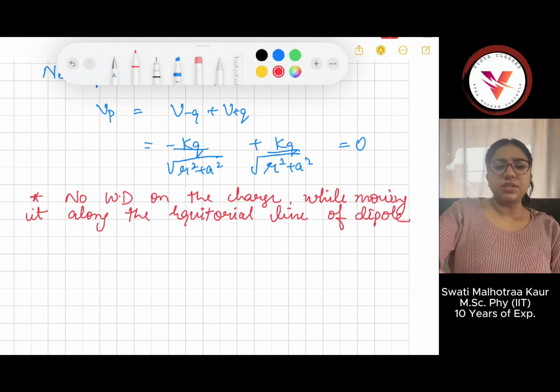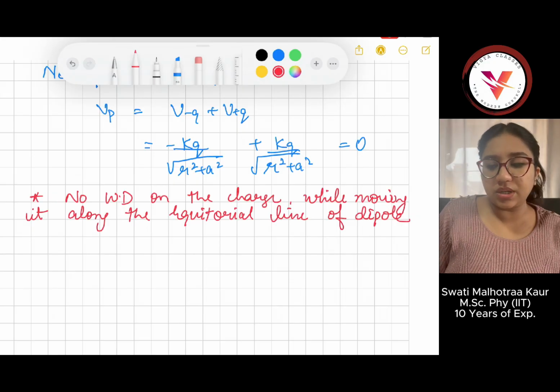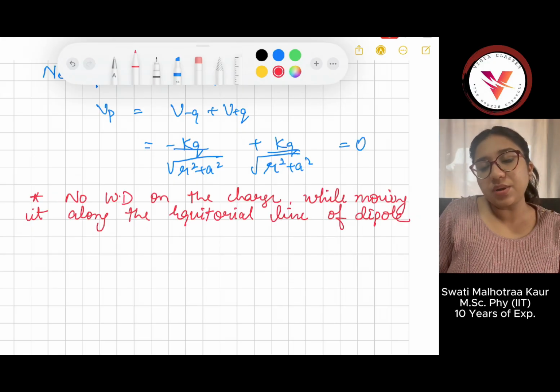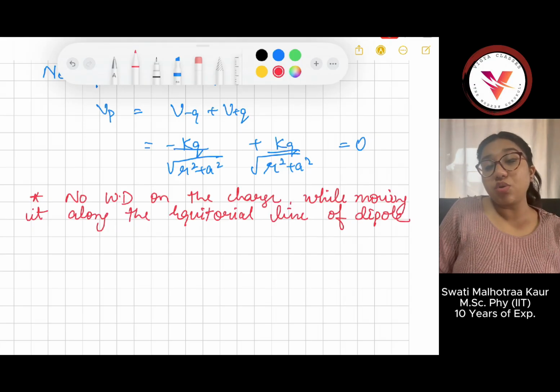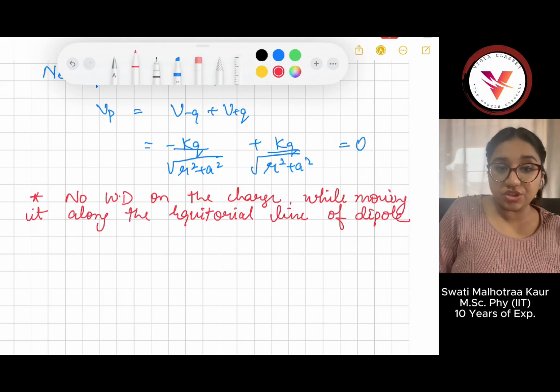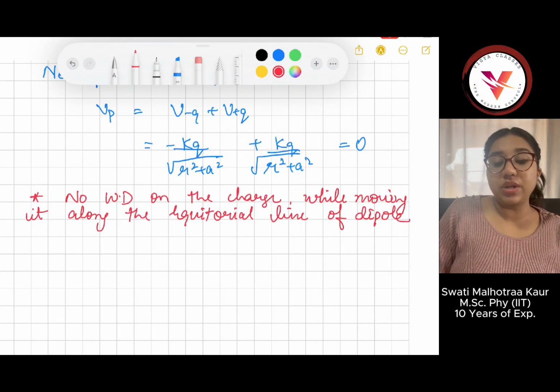So just remember this thing. It is an equipotential surface, with net potential 0. On an equipotential surface there will be no net work done because the potential is the same. The potential difference, final minus initial, would be 0, so there would be no work done. Also on the equatorial line of a dipole, the work done is 0.